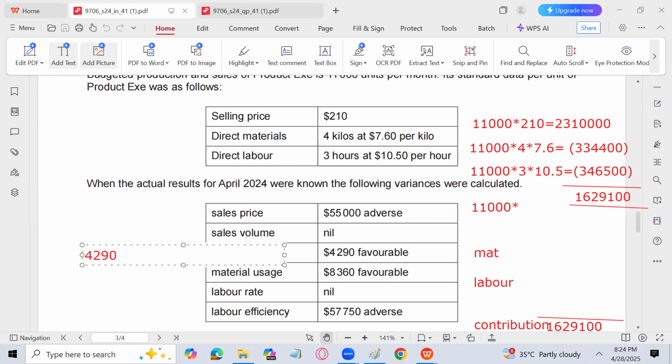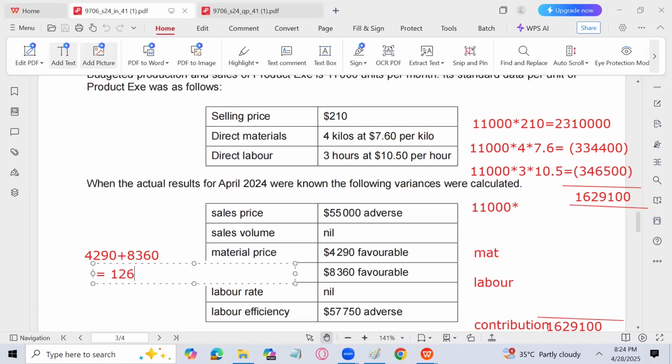4290 plus 8360. How much will you get? 12,650. So 12,650 is going to be the total material variance, and that is favorable.